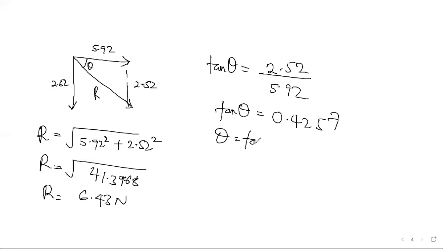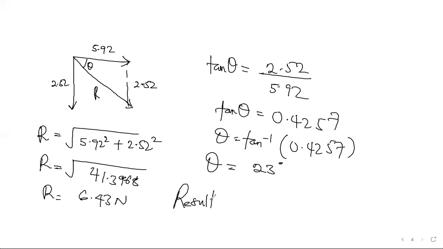Theta will be tan inverse 0.4257. So theta will be 23 degrees. So the resultant will be 6.43 newtons at 23 degrees to the x-axis.